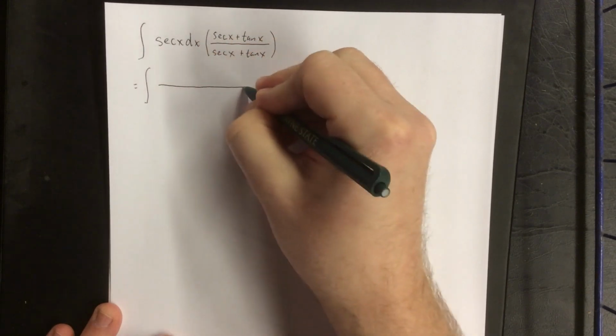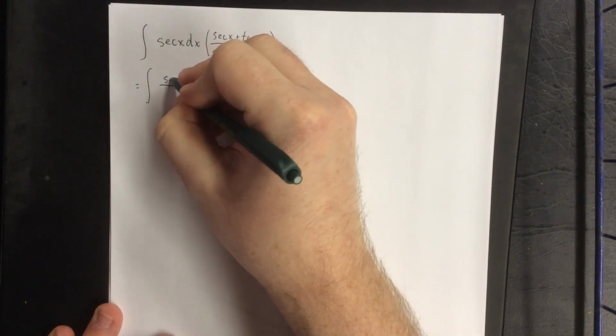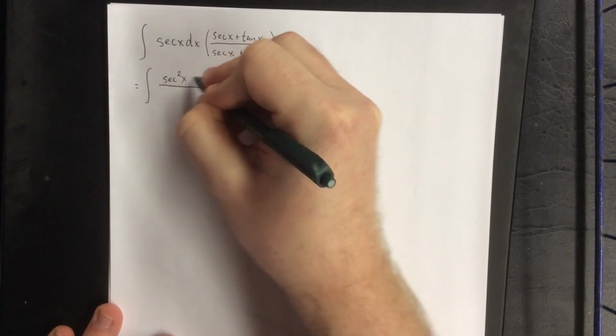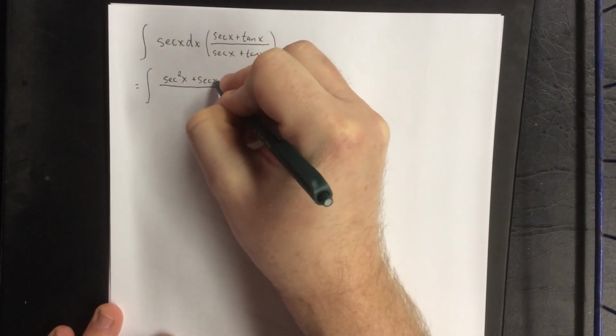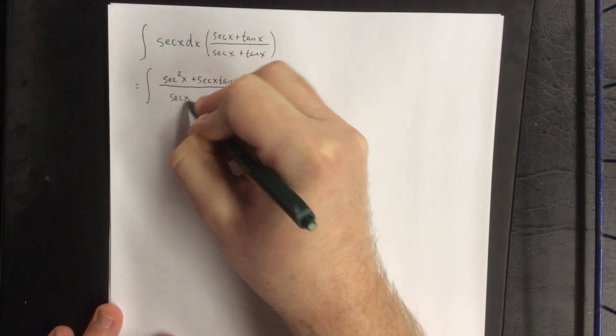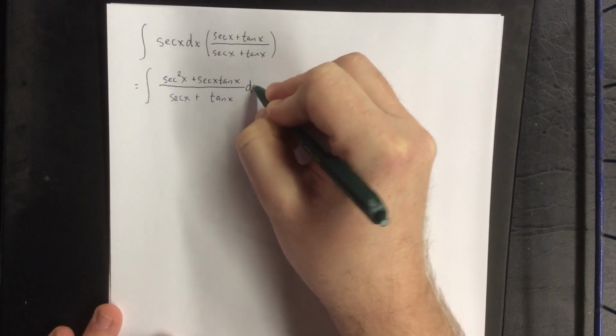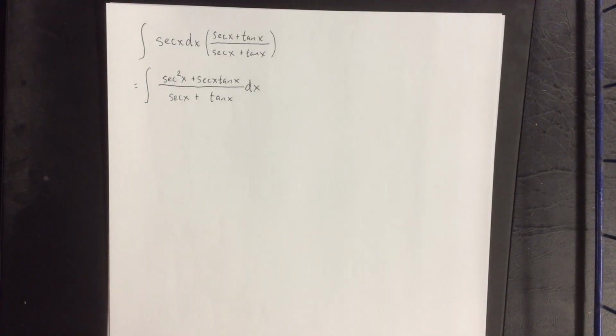I'm going to multiply top and bottom by the secant of x plus the tangent of x. By doing that, the numerator gets the secant squared of x plus the secant of x times the tangent of x once we distribute. The denominator will be the secant of x plus the tangent of x. dx still goes at the end.